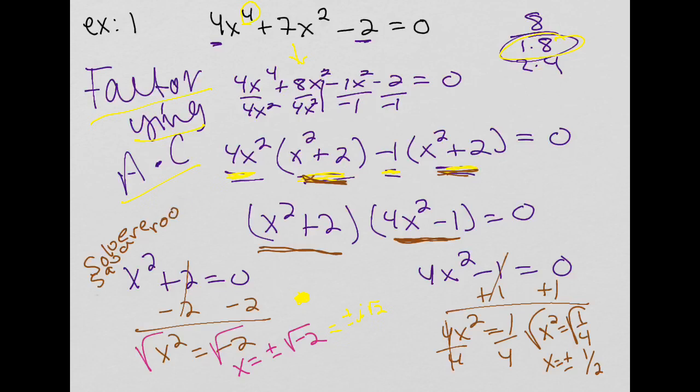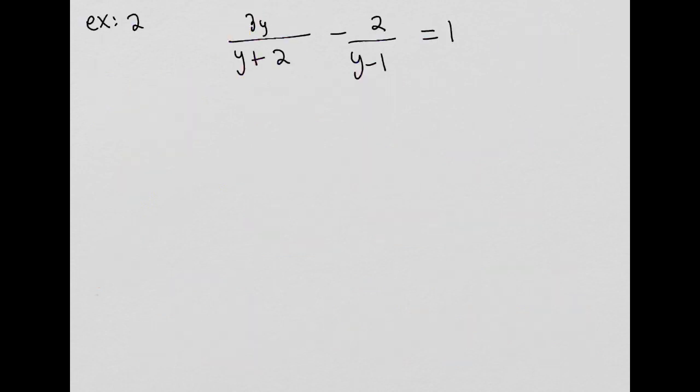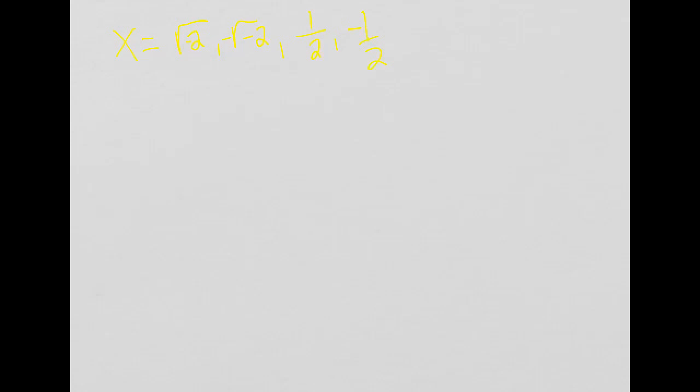So then I solve using square root. Once I solve, I realize I can simplify this a little bit more using the imaginary numbers because of the negative. And then altogether, my final answers are square root of -2, negative square root of -2, and 1/2 and -1/2.